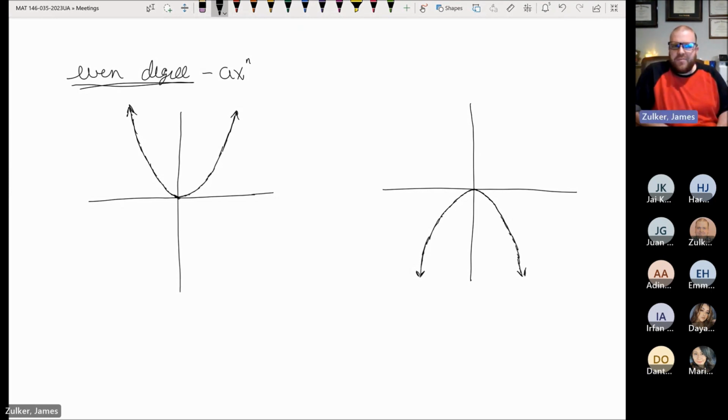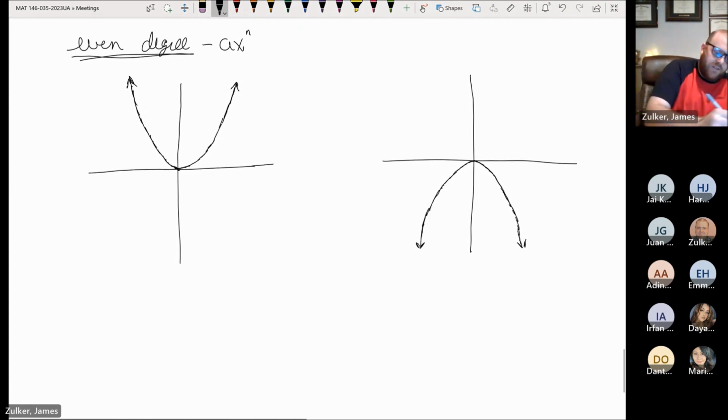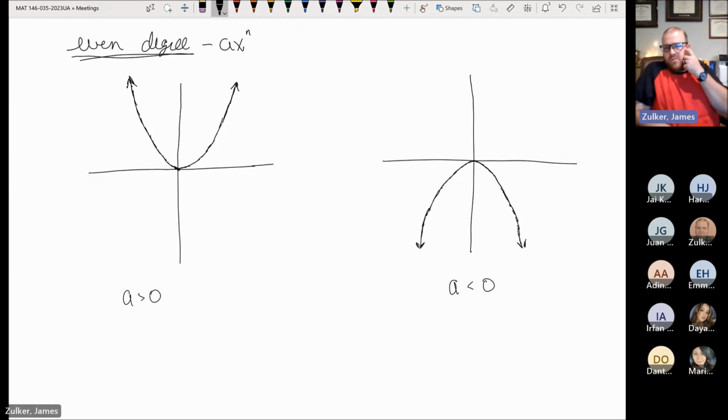No, we're going to discuss the odd after this. Obviously, opening upwards, we know it's going to be if your leading coefficient is greater than 0. Opens downwards if your leading coefficient is less than 0. Right.